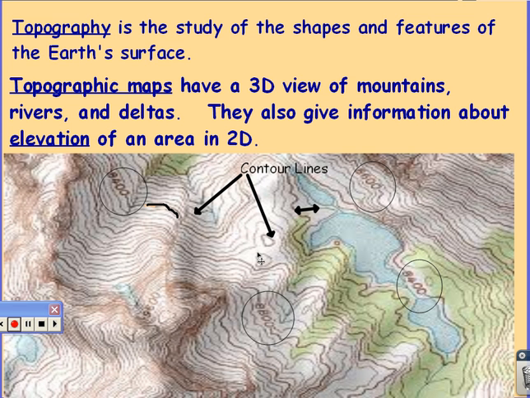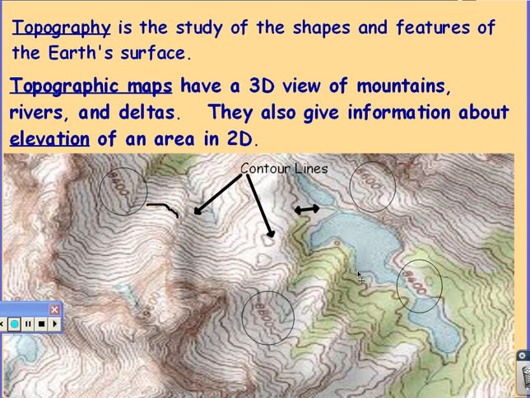Now, the thing that you have to remember about these contour lines is that although this does show the highest peak, it doesn't actually show the highest one. That's the highest elevation they can put on the map, but the peak of it is actually a little bit higher. Same thing for down in here, in this nice little, we'll call it a lake.